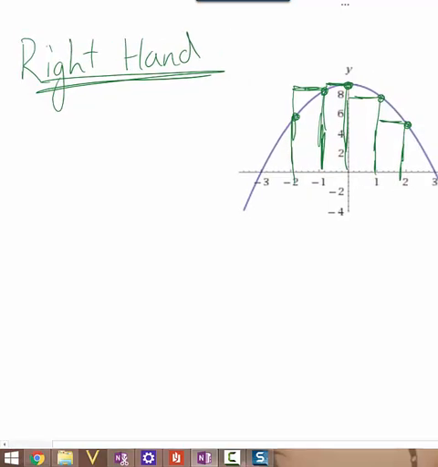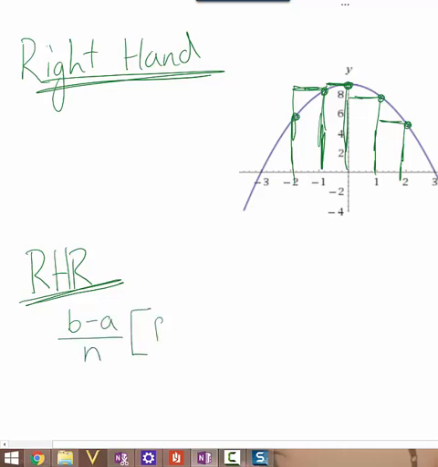The formula ends up being the same, but the only change in the formula for a right-hand Riemann sum is that we get b minus a divided by n times, now see how our y values are going to be all of these right sides. So now we're not using our starting point.